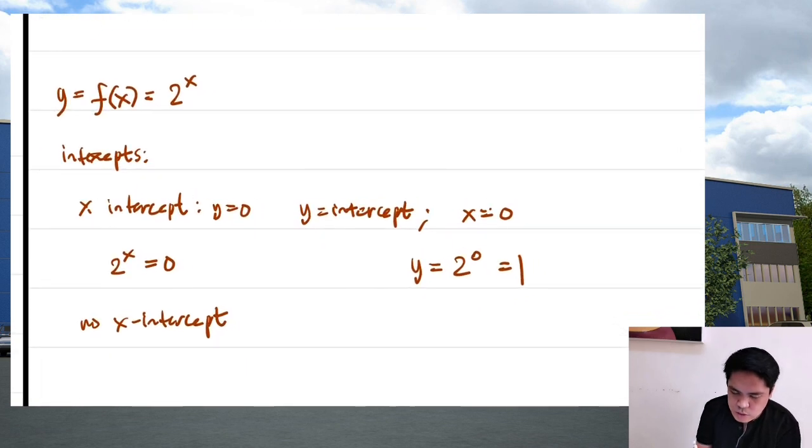Now, how would this graph behave for negative and positive infinity? If we substitute a large value of x, so if x approaches infinity, so we substitute this by large numbers of x, of course this whole quantity will become very large numbers, right?